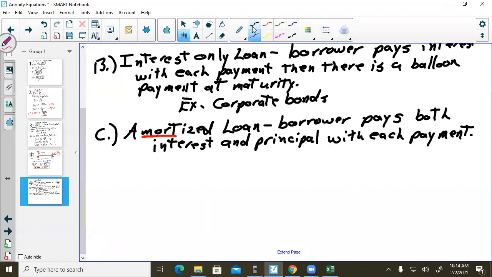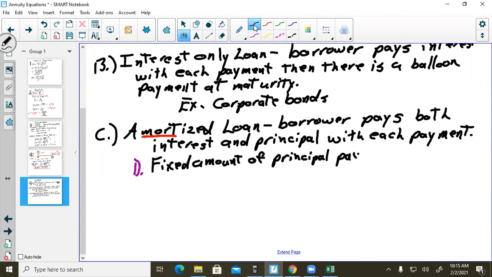So there's a couple ways this goes. First, whoops, not purple, don't like purple. The first example is you have a fixed amount of principal payment. Okay. And the interest varies each month.